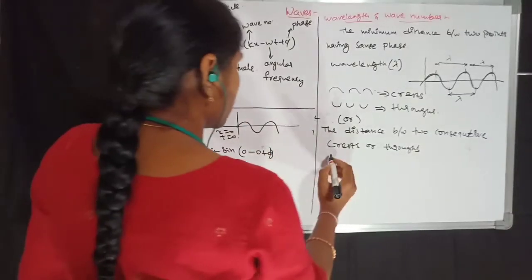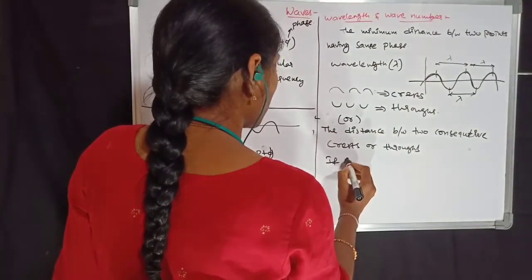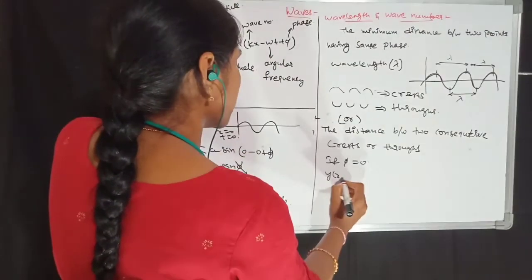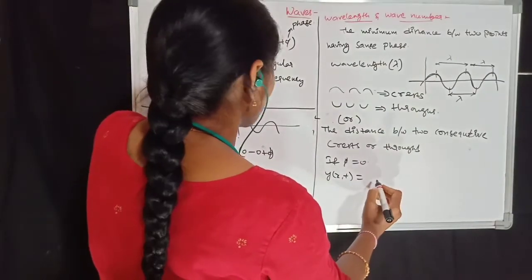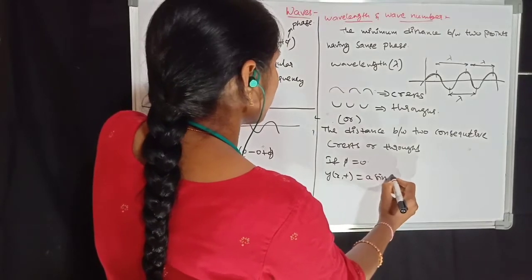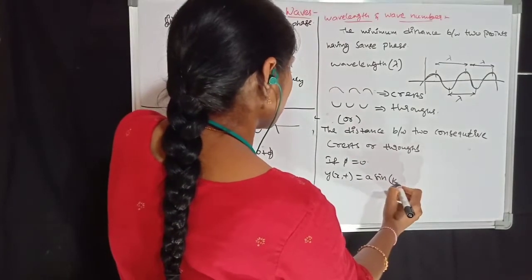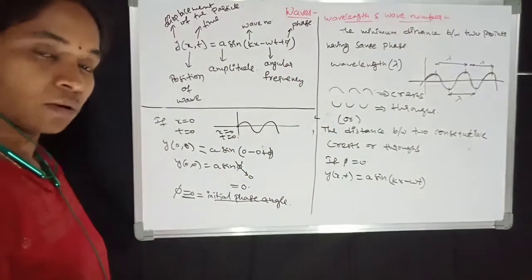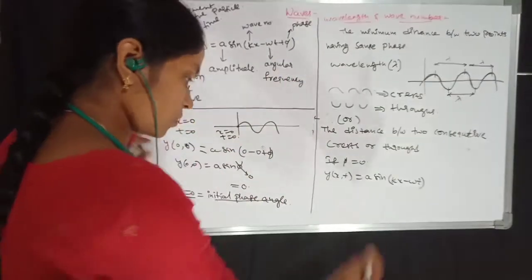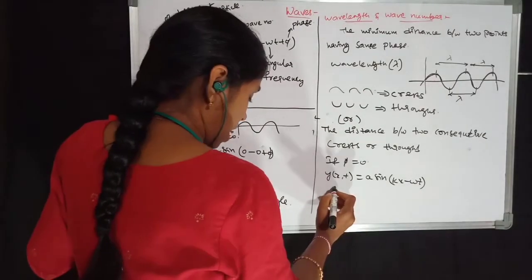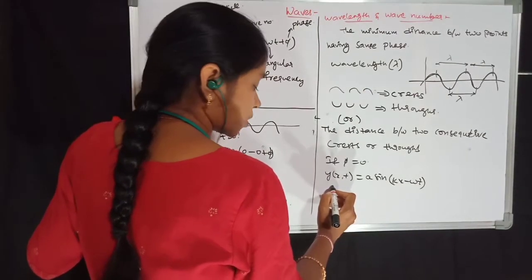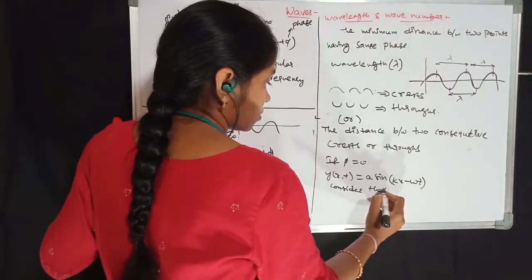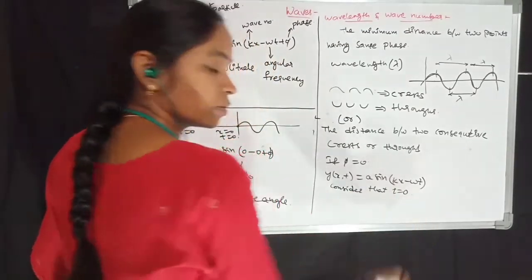And in this equation, if phi is equal to 0, then y of x comma t is equal to a sin of kx minus omega t, with phi equal to 0. Now consider that t is also equal to 0.